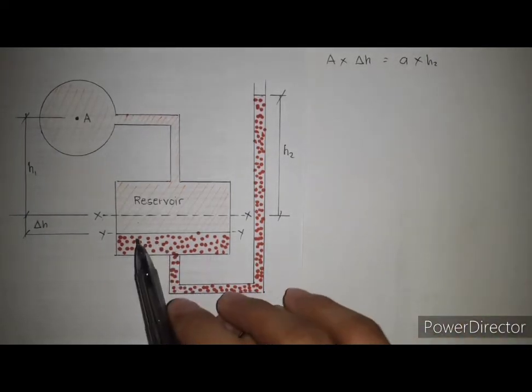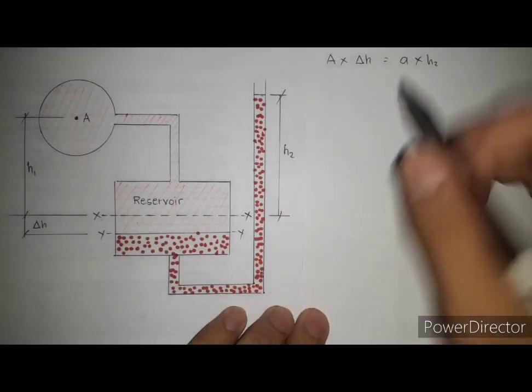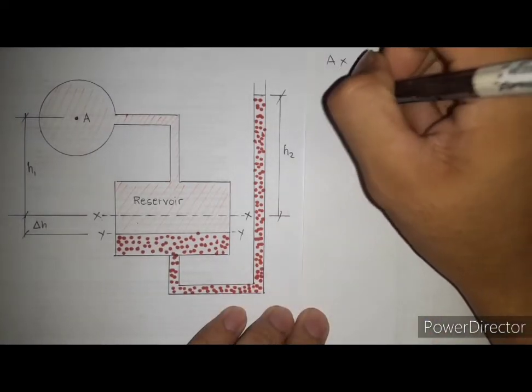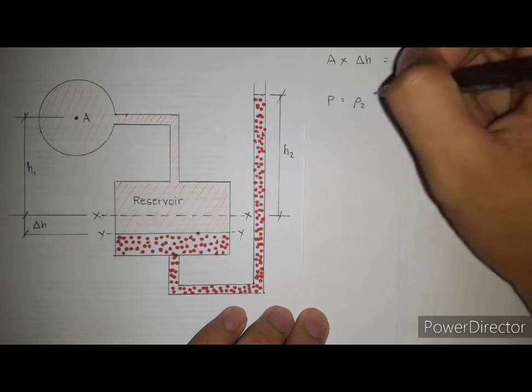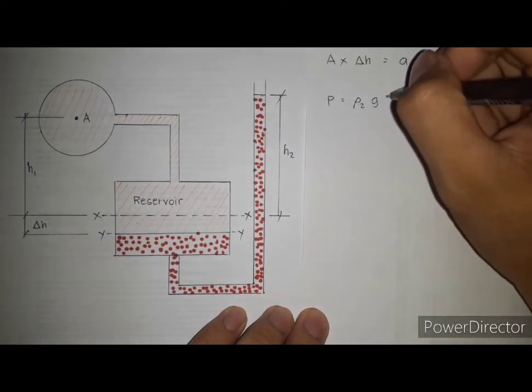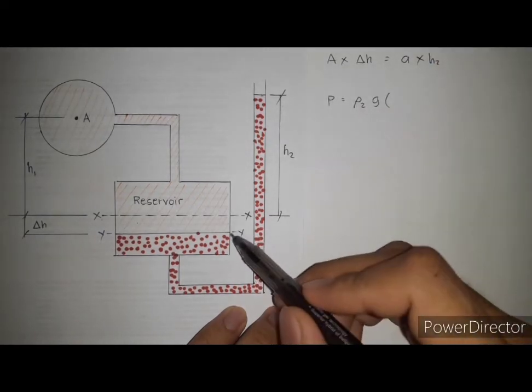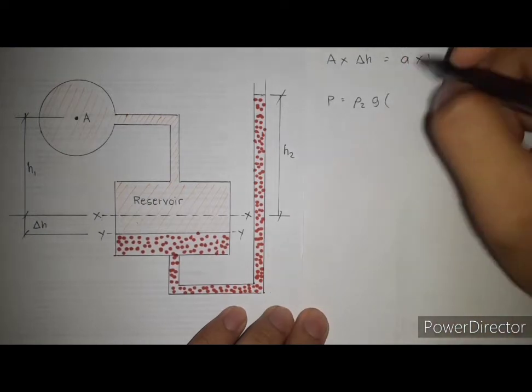Then we will get the pressure in the right limb: P equals density 2 times G times delta H plus H2 as the height.